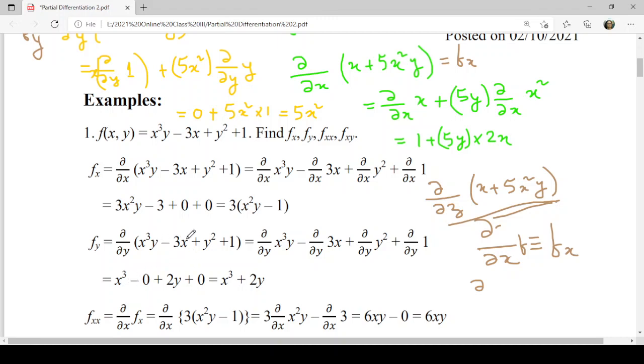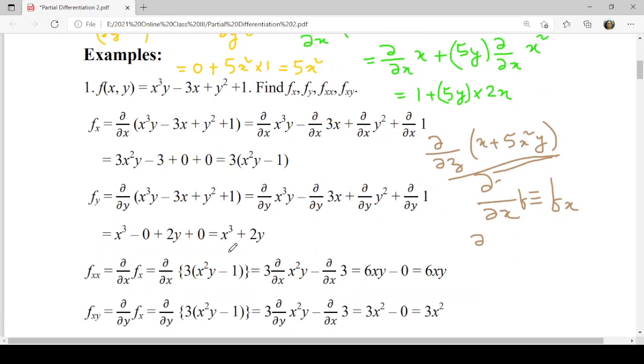Then here there is no y, that is why the value is 0. This y square we will have twice y, and this value is 0. So your answer is x cube plus twice y. So you see fx is 3 into x square y minus 1, and here fy is x cube plus twice y.